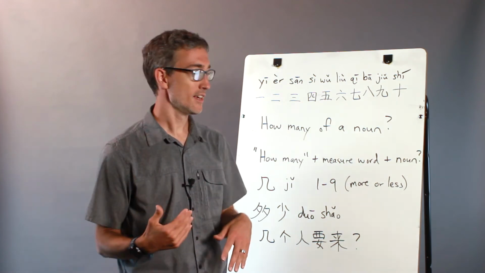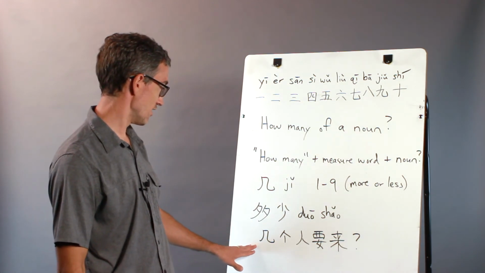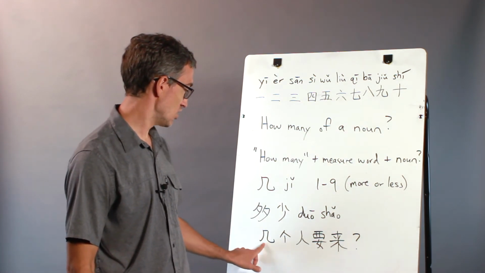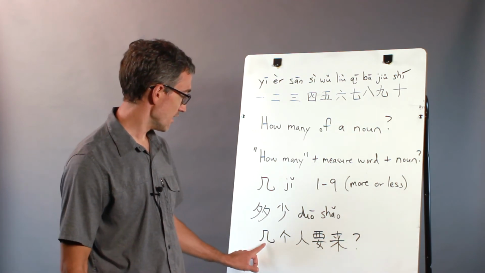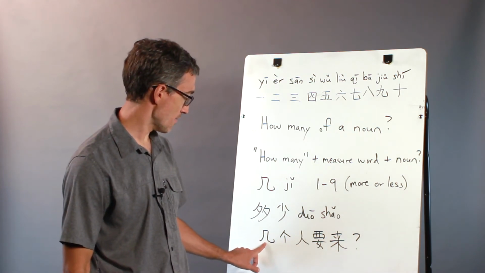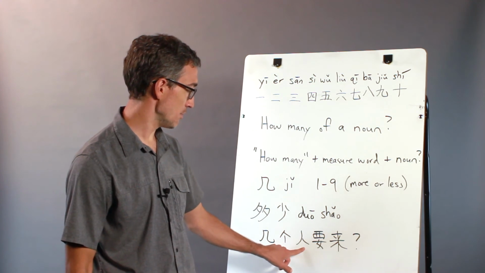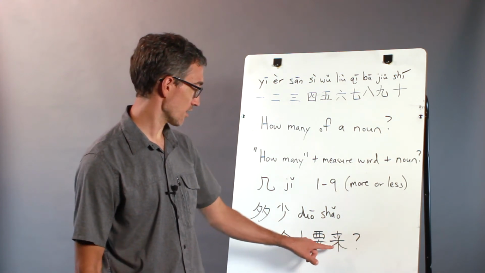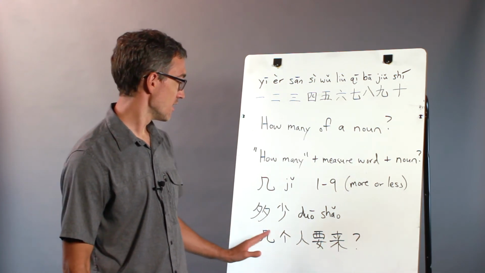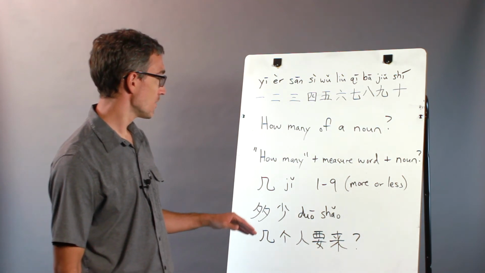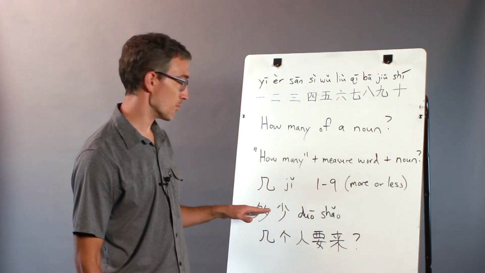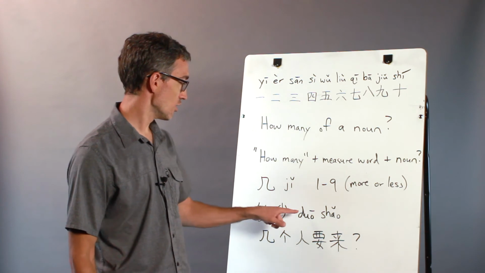If I want to say this sentence down here, I didn't write the pinyin, but it's 几个人要来. It's ji, how many, 个 measure word, 人 people will come or want to come. 几个人要来. That's how many.